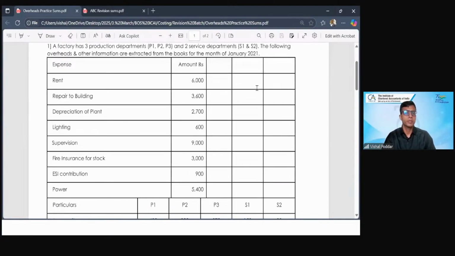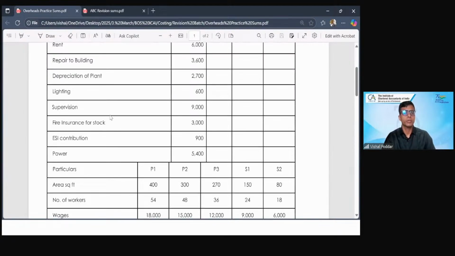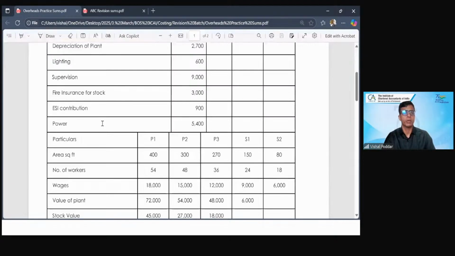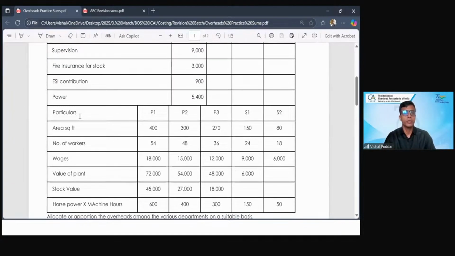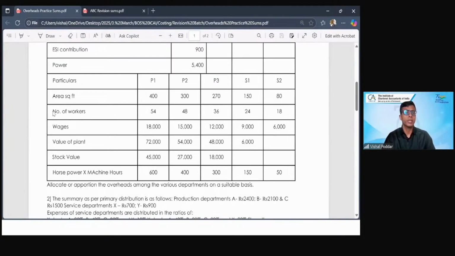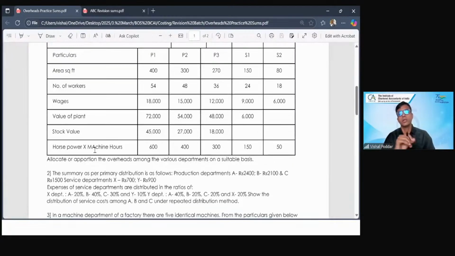Now, what are the expenses that are given to be apportioned? You are given rent, repairs to building, depreciation of plant, lighting, supervision, fire insurance, ESI, power. And then in details, you are given department-wise details of area, workers, wages, value, stock, and horsepower multiplied by machines.